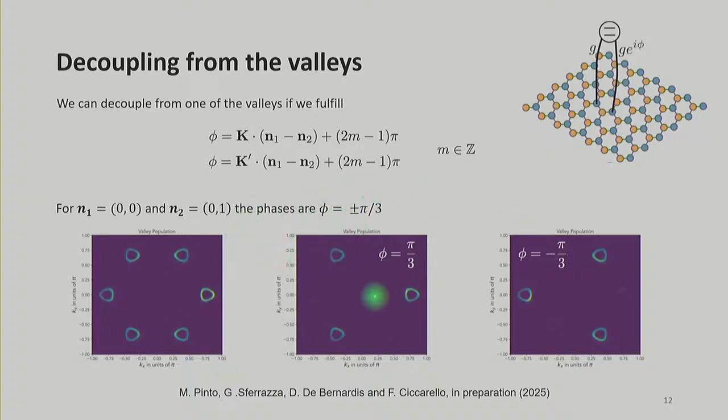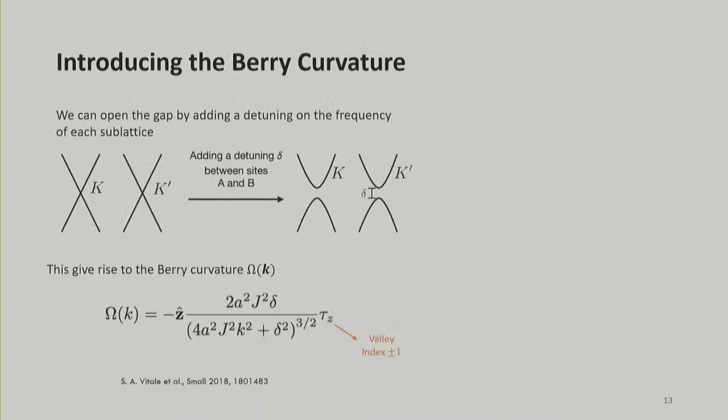So here are some simulations. You can see here is a normal atom emitting. All the valleys are populated, and when we plug in the phases, we can select specific valleys where the photon will couple. The idea here is that we also introduce a non-vanishing Berry curvature.